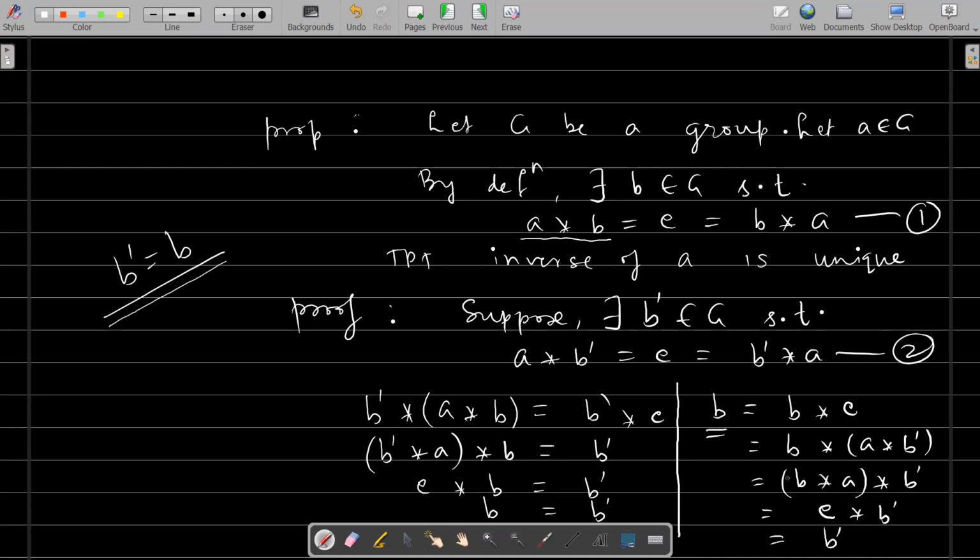So essentially I get B is the same as B dash. Or you can go the other way, vice versa, and show that B dash is B. So though we start with some element B dash which also works as an inverse, that B dash turns out to be the same as B. So this means inverse is unique.